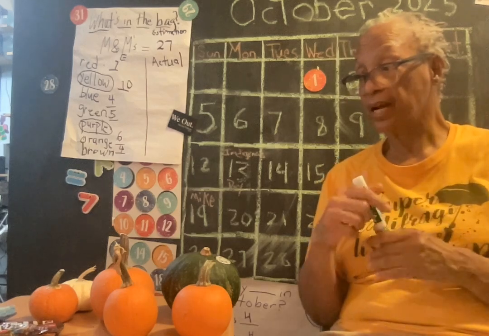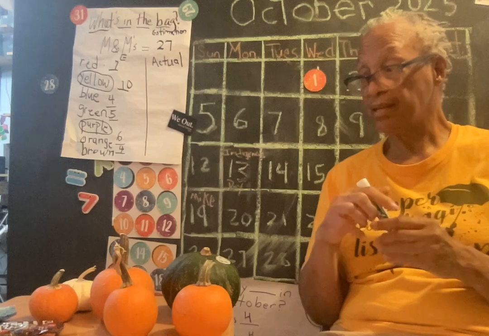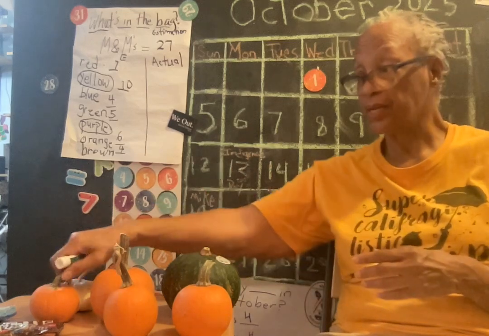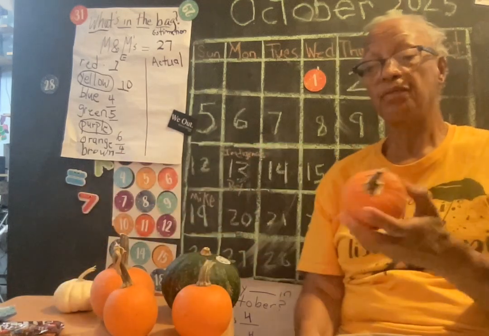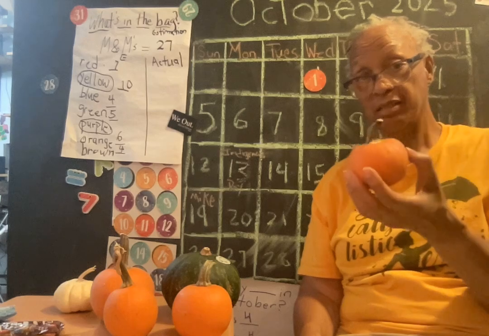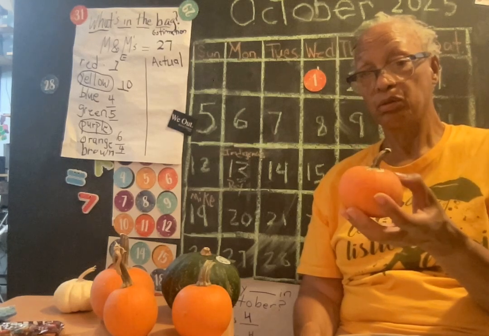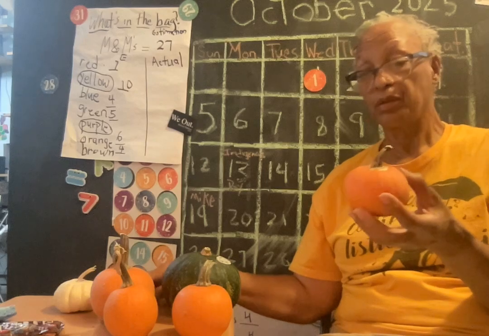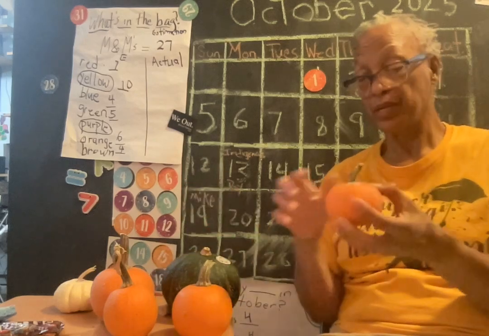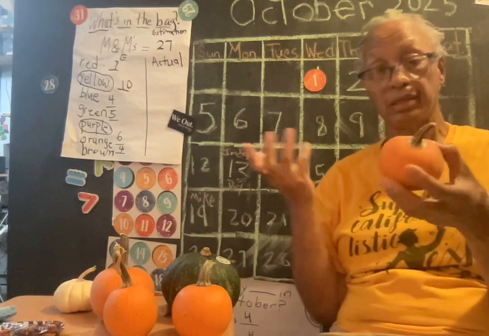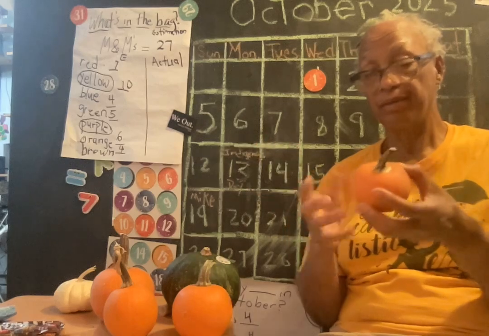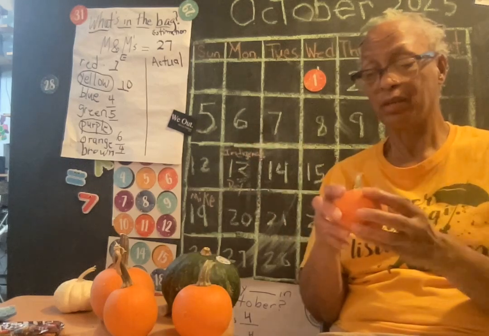One of the things that I know is that these little pumpkins are filled with lots and lots of seeds. So I'm going to open up the small one after they tell me a number. Let's say whatever number they say, 25, 15, whatever.